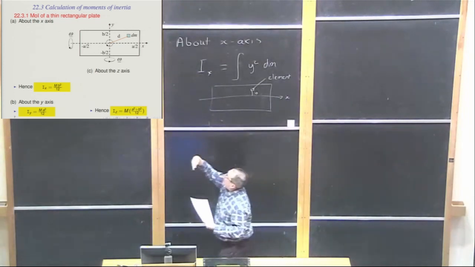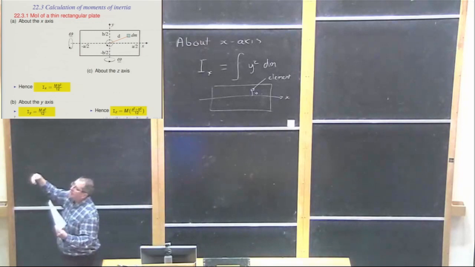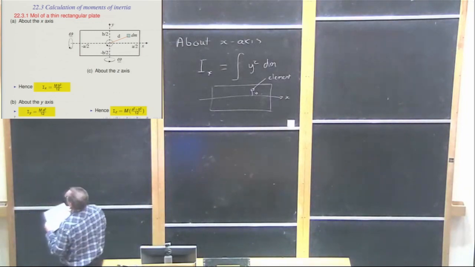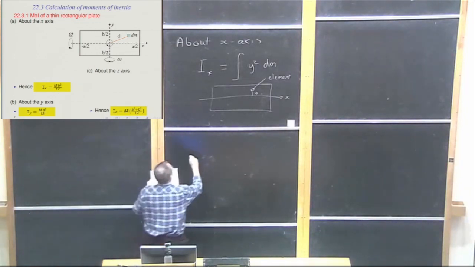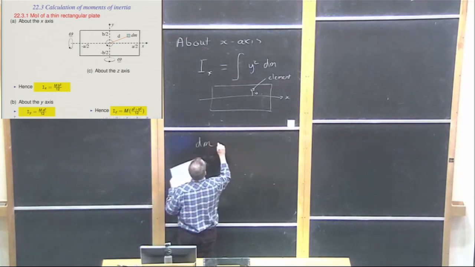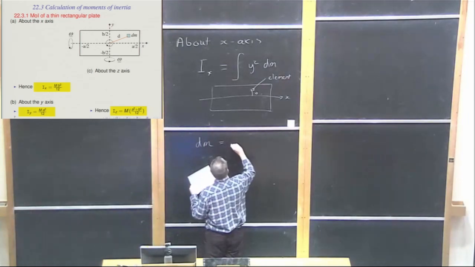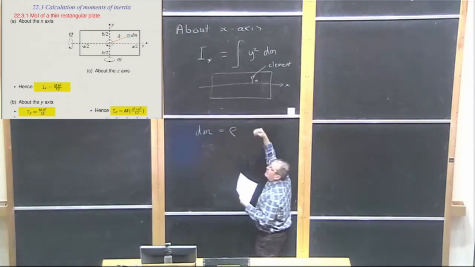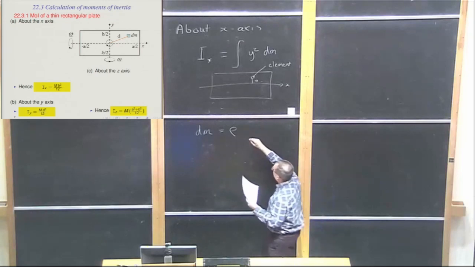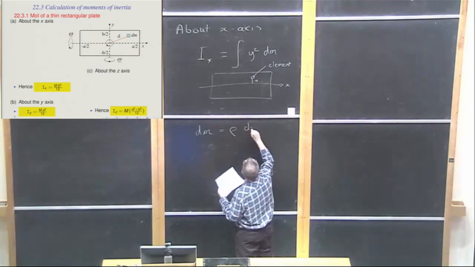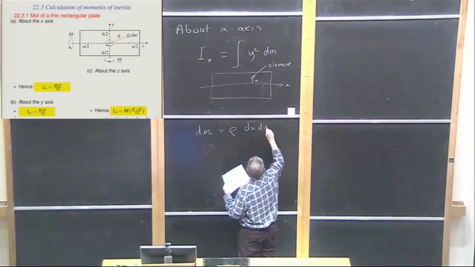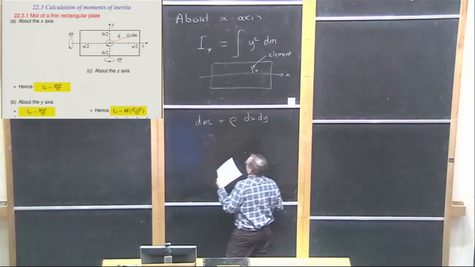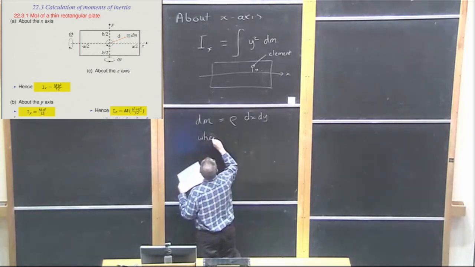So we want to relate dm to the geometry of the object. So let us write dm is equal to rho, which is a density, I'll define that in a second, multiplied by the area of the element, which is dx dy. And rho, what is this?